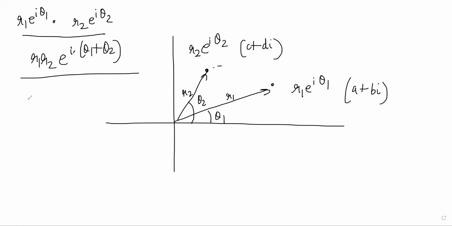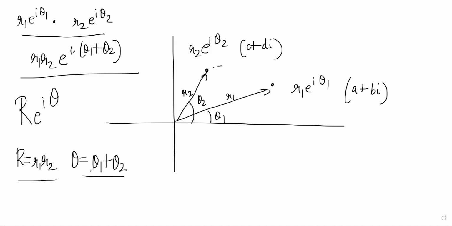So the new complex number is R e^(i theta), where R is equal to R1 R2 and theta is equal to theta 1 plus theta 2. So if theta 1 is this angle and theta 2 is this angle, you have to rotate this line by an extra theta 2. From here, make theta 2, and it will be somewhere here.